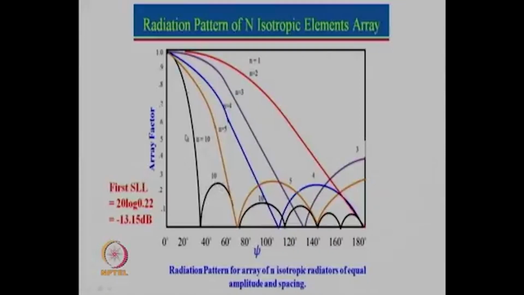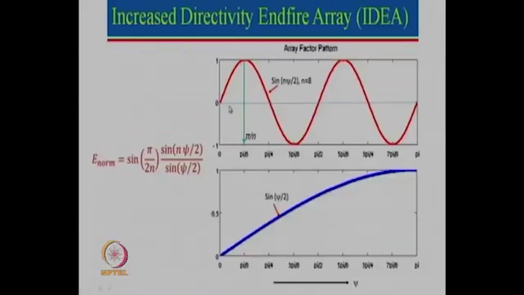Now just remember this: after the null, some maxima comes. If we look at this plot, the first side lobe level corresponds to this point, because it is coming after the null. So, what is this point, and why is something maximum over here?